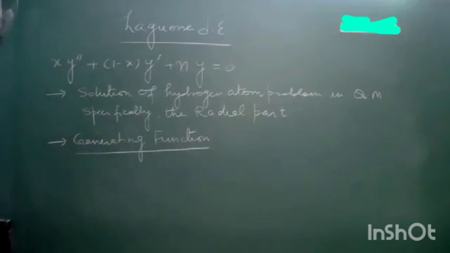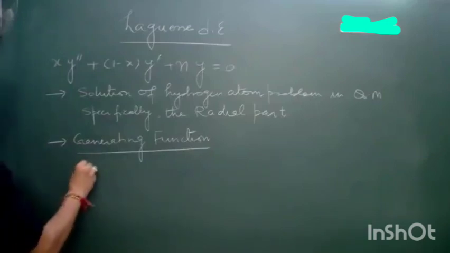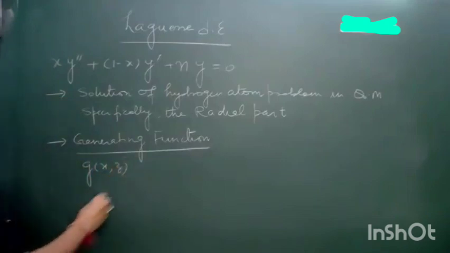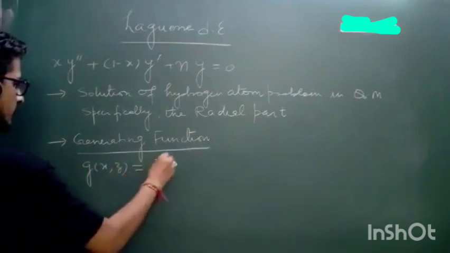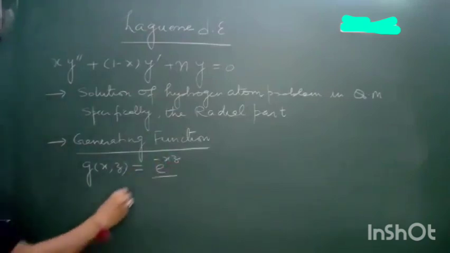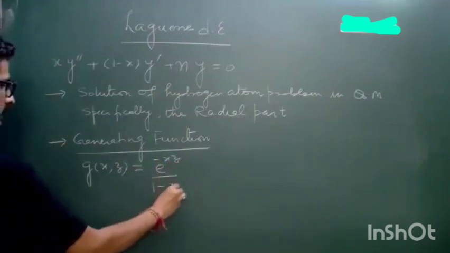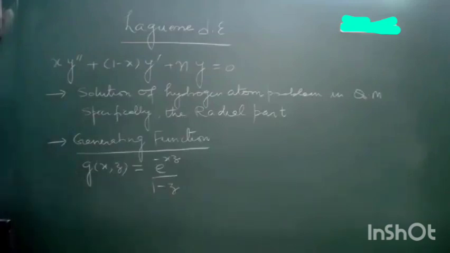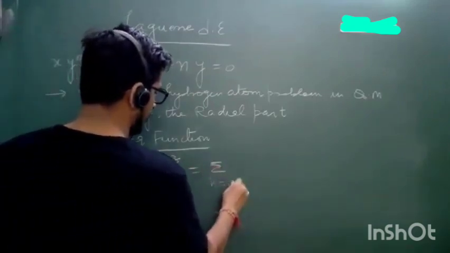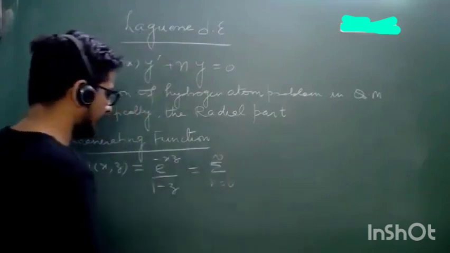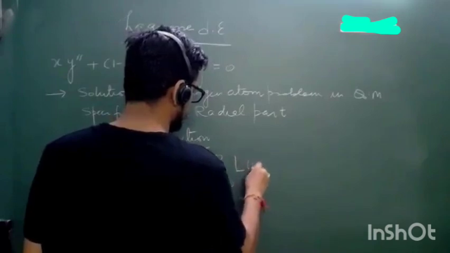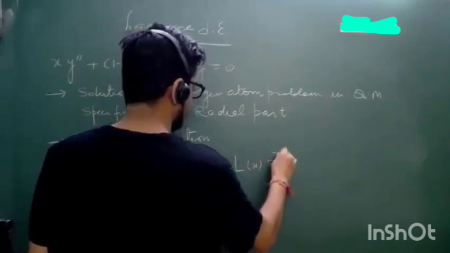and the generating function of this polynomial is given by g(x, z) is equal to e to the power minus xz over 1 minus z, and that is equal to summation n is equal to 0 to infinity L_n(x) z to the power n.